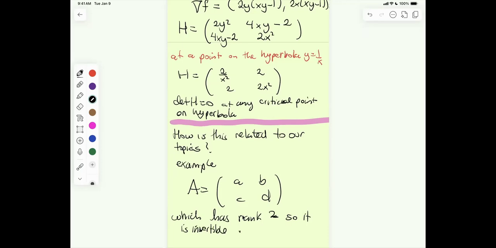This is a problem we already know how to solve, but I'm framing it in a way that connects to this secondary thing.